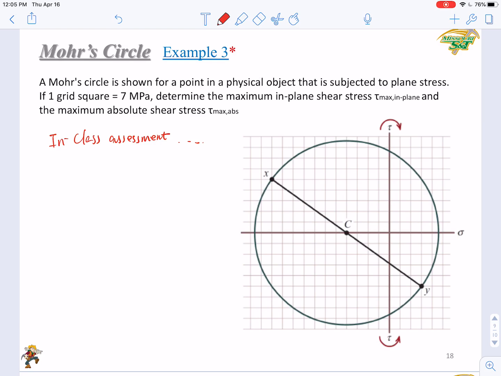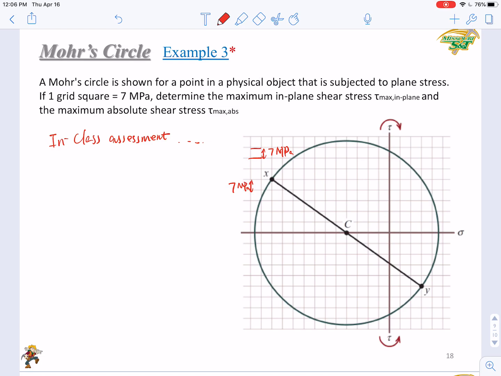Here the Mohr circle is shown for a point. One grid is 7 MPa, and here is also 7 MPa. Determine the maximum in-plane shear stress and the maximum absolute shear stress.